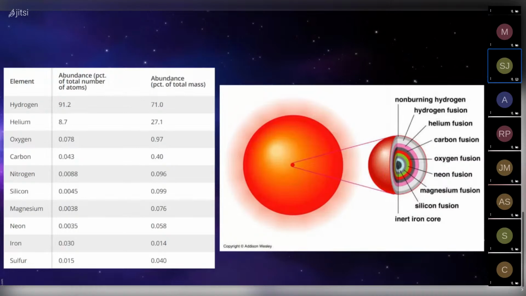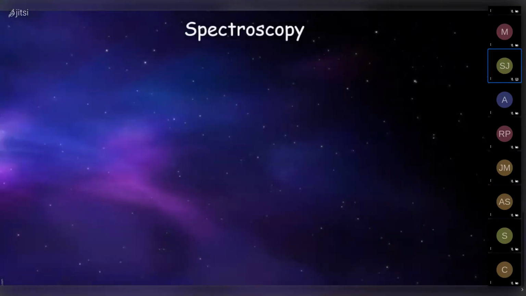The sun is 150 million kilometers away. Then we need some method by which we can find out the list of elements in it, right? That is obtained by spectroscopy. Spectroscopy says that every element has a unique set of spectral lines.